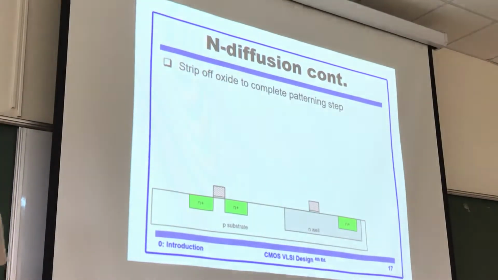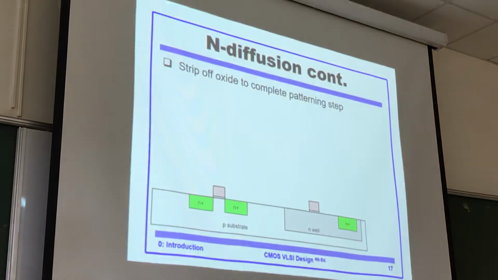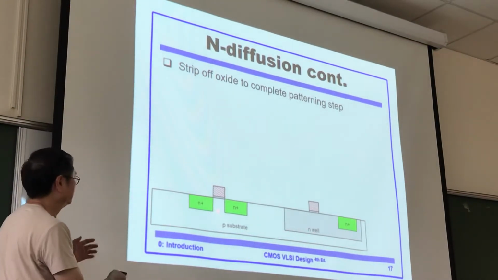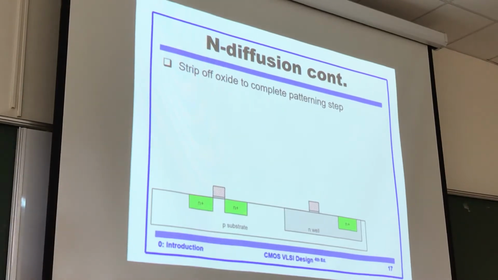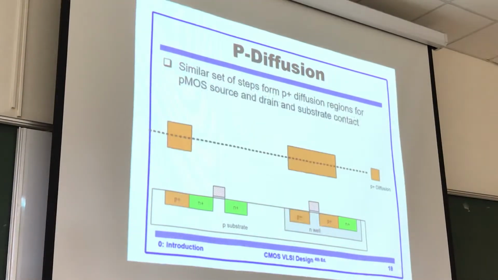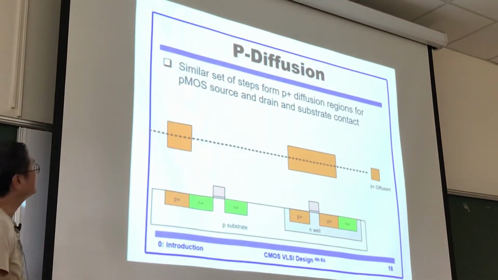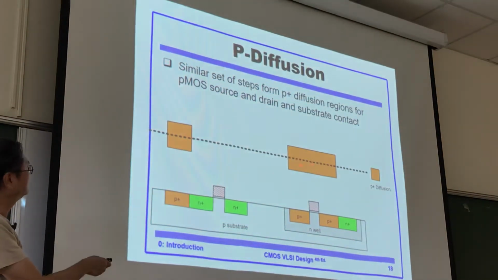So after you strip off the oxide, we complete the patterning step for the N diffusion. Now we have N well, polysilicon, N diffusion, ready. And then P diffusion, again using the P diffusion mask.